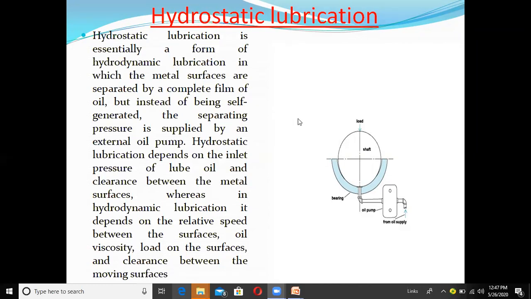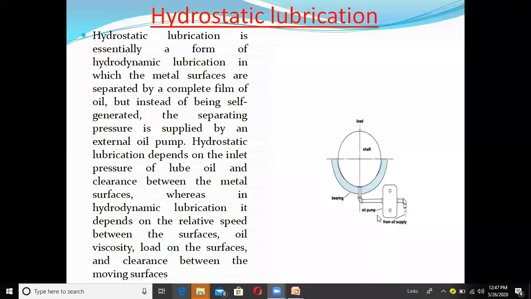But in hydrostatic lubrication, what will happen? Before we send the lubricant in between the shaft and the bearing, we are going to increase the pressure of the lubricant with the help of the oil pump.